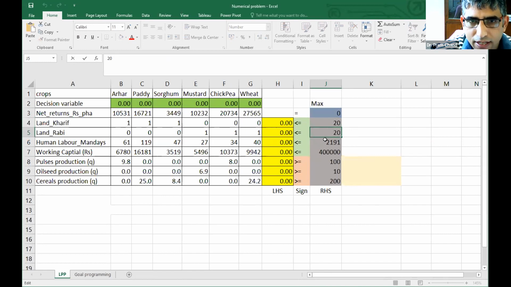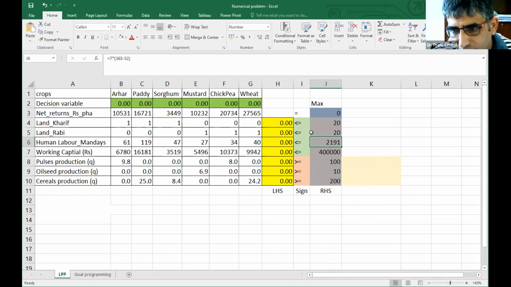And then I said that he has 7 permanent wet labor with 1 off day in a week. So what I have done, I have multiplied 7 with 365 minus 52, meaning one day in a week.